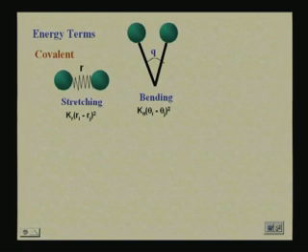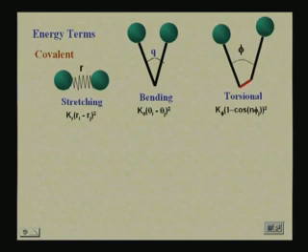Okay? Now you understand that this is going to get extremely complicated if you want to do a computation, because the number of atoms is huge. But nevertheless, these are the components that form the total energy. We also have the torsional energy. Okay? What you need to know are the contributions.